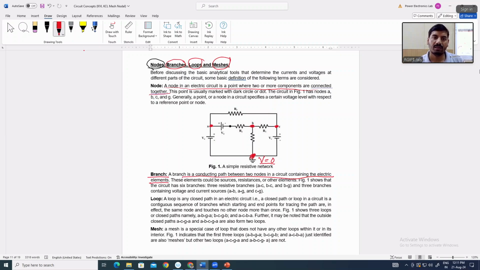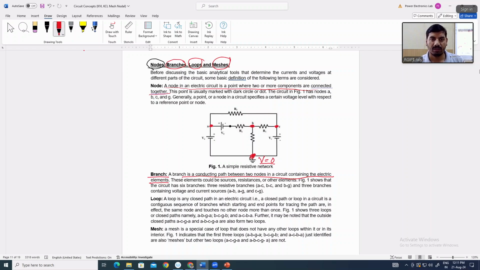You can see here node A and node C. In between node A and node C, this element R1 is connected. So AC is a branch, which is connected between two nodes. Means it is simply a conducting path between two nodes.